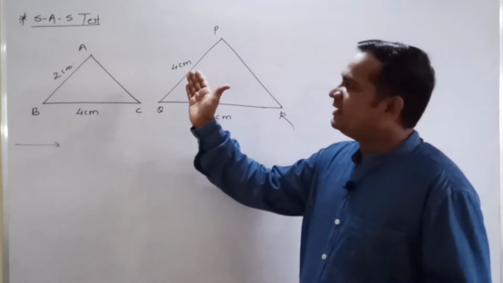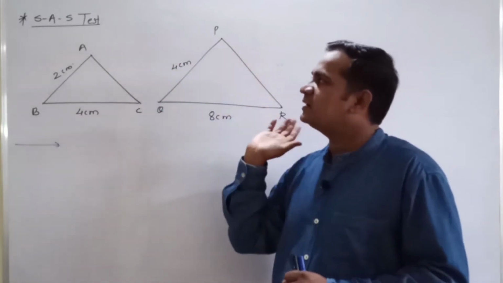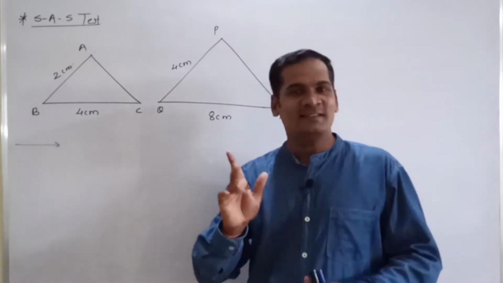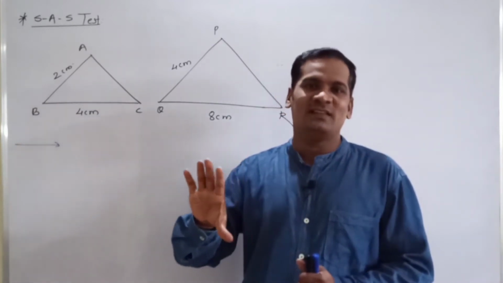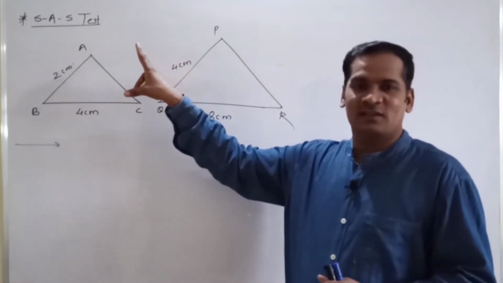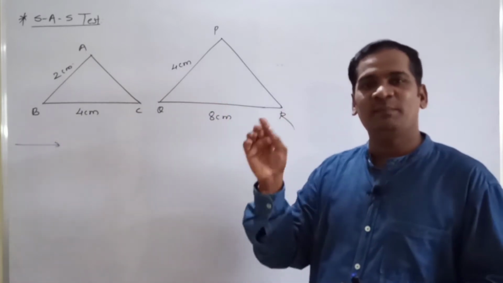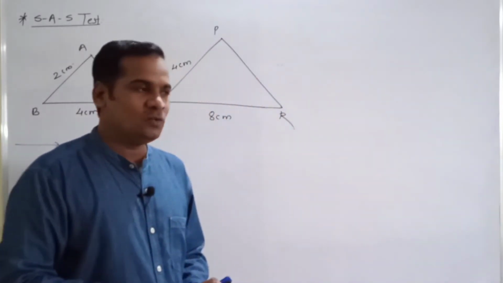This is the second test of similarity, the side angle side test. The name itself indicates the requirements in this test. There are two sides that should be in proportion, and the one angle in between them should be congruent.